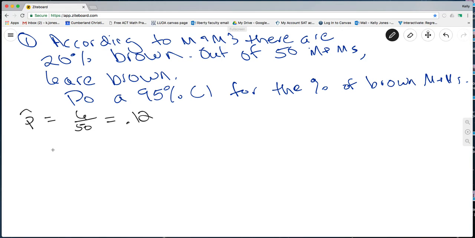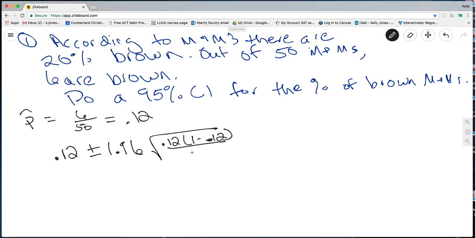All right, so here is our formula. We're going to do our p-hat plus or minus our z-star. And if you remember, for 95%, we use 1.96. That's from that table. And then we're going to do the square root of p-hat times 1 minus p-hat over n, which is 50. And remember, we work backwards. So I'm going to do the square root first.